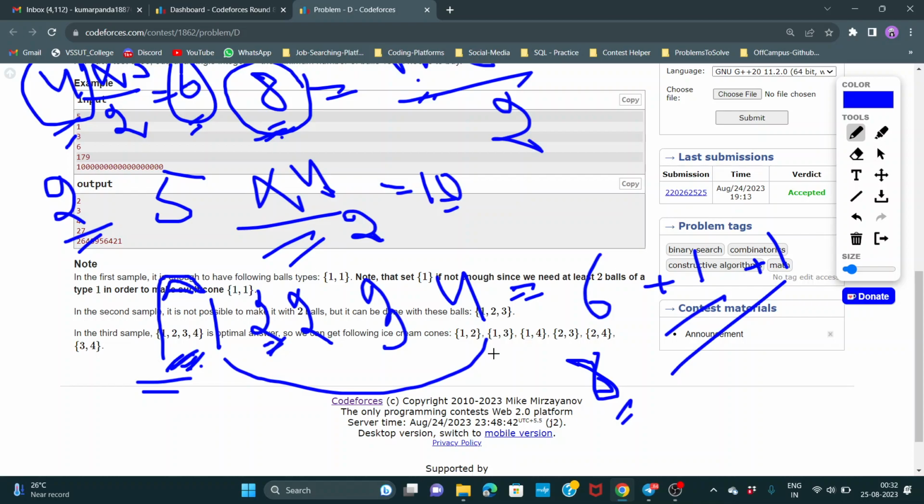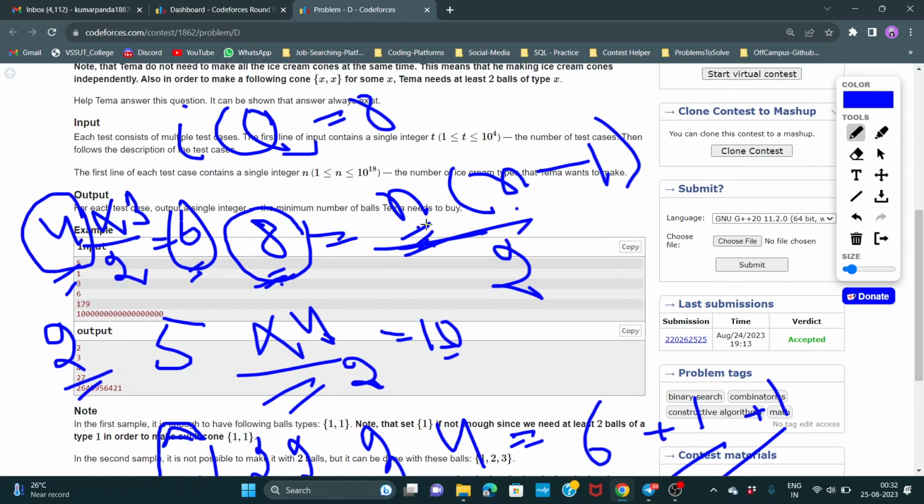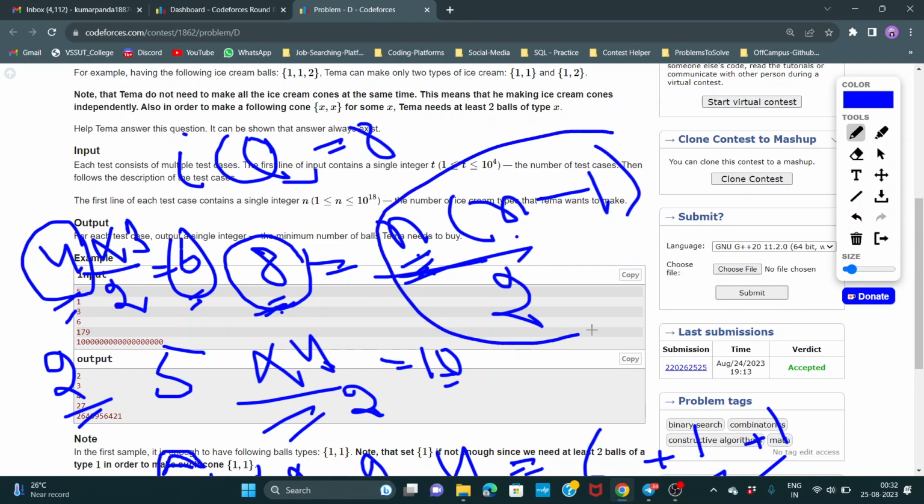And one more thing is, just try to find the number in this case, because you do not know what the n value is. So to calculate the n value you have to use binary search.